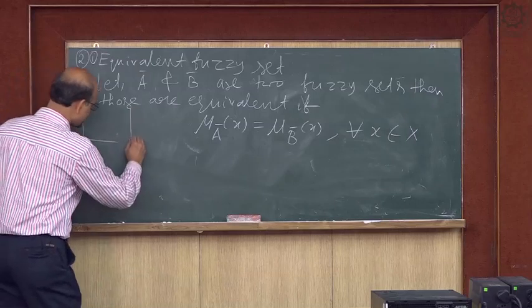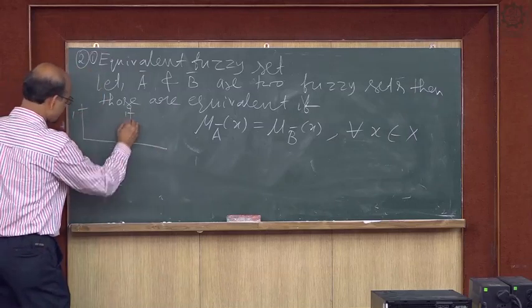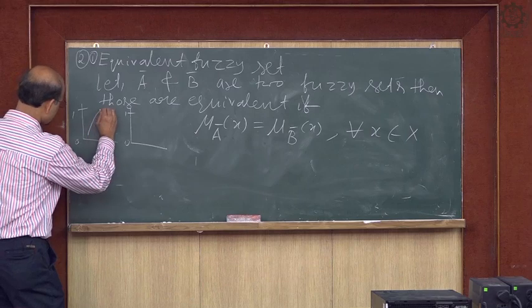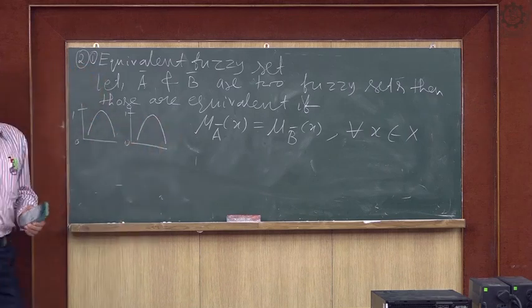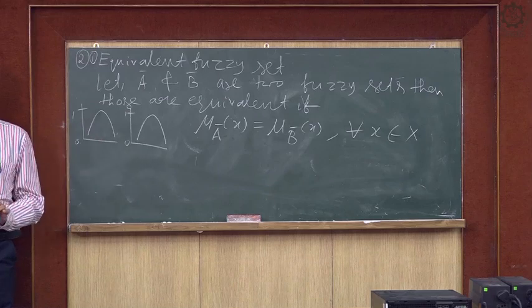Geometrically also I can see, suppose this is 1, this is 1, 0, 0. If I have a support like this, the same shape, then these are two equivalent fuzzy sets.